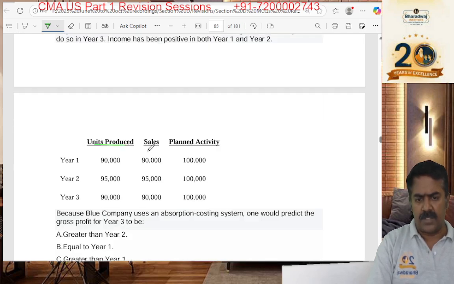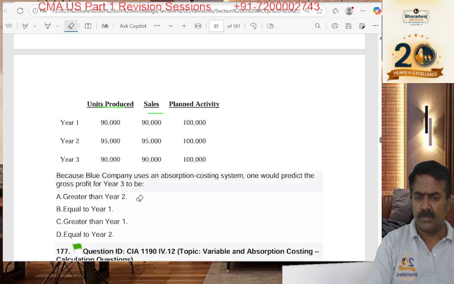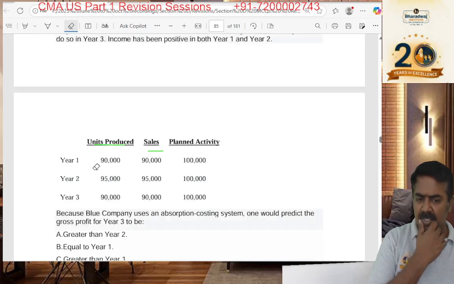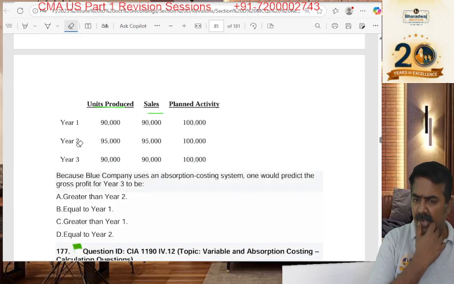Units produced, units sold is given. First year, production is equal to sales, no difference in profit. Second year, again equal. Third year, equal. The company uses absorption costing system.